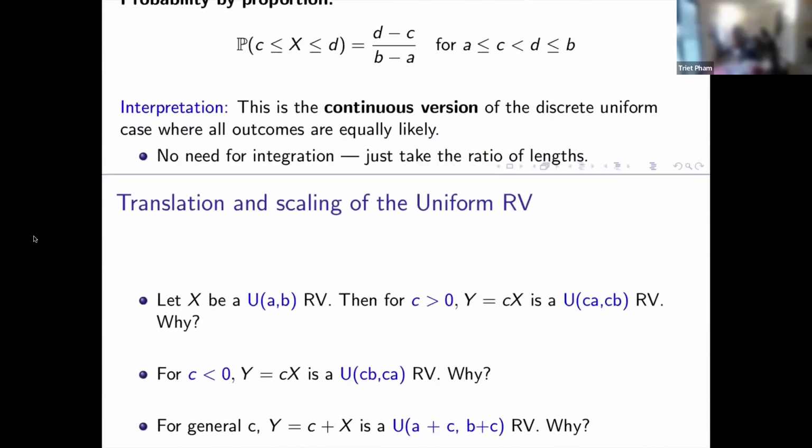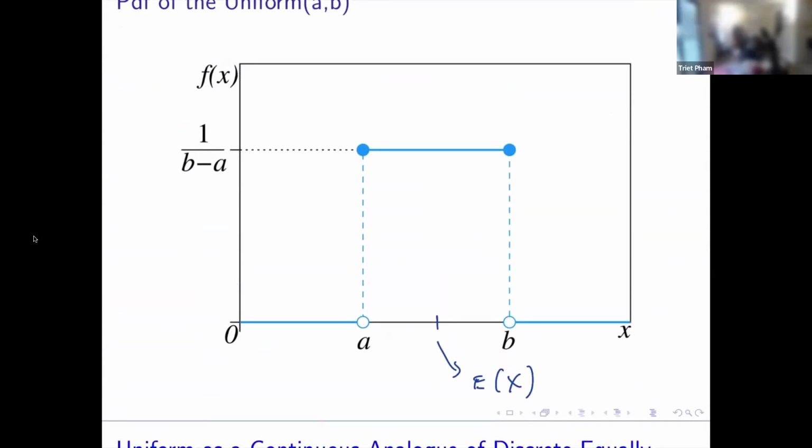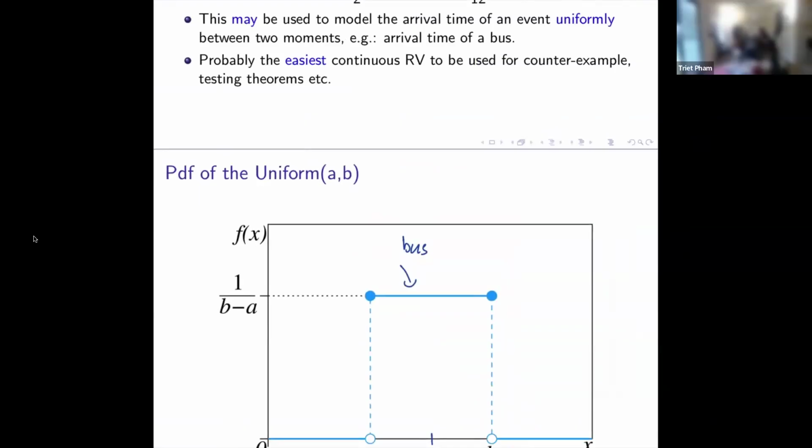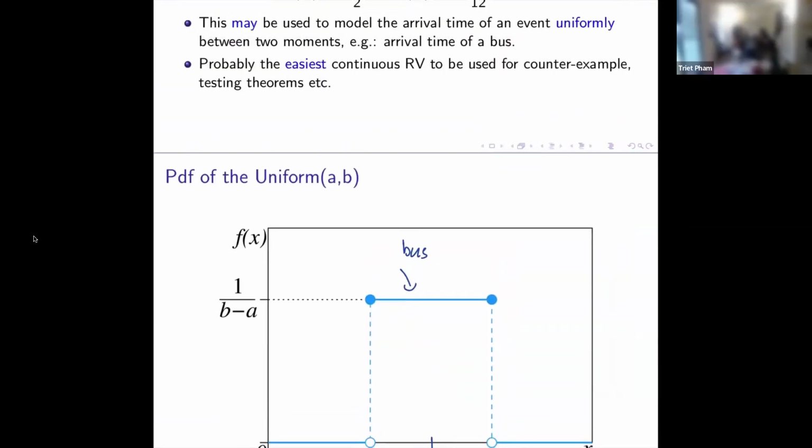But for a uniform, like a bus, you have no knowledge of how the bus arrives throughout this interval. It arrives randomly, but it could arrive at any moment. There's no preference; the bus is not more likely to arrive toward the beginning or toward the end of the interval. So that would be the uniform random variable.